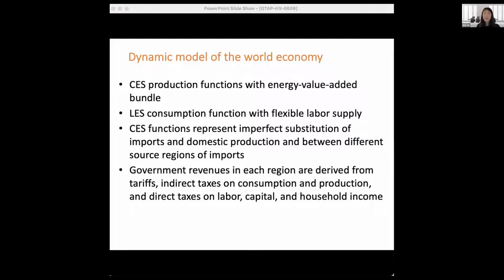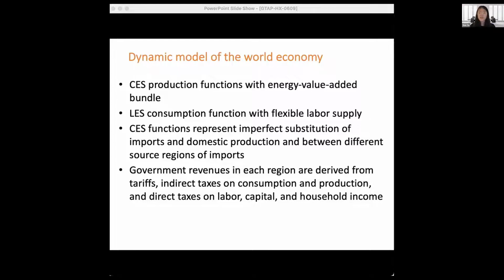So I will briefly introduce our model. The within-period structure of the economy is a standard formulation used in many CGE models. The production is represented by constant elasticity of substitution functions, where an energy value added bundle substitutes with intermediate inputs, and also the LES consumption function with flexible labor supply.